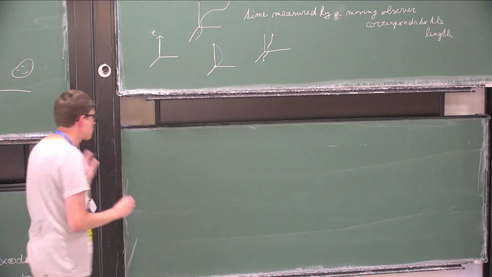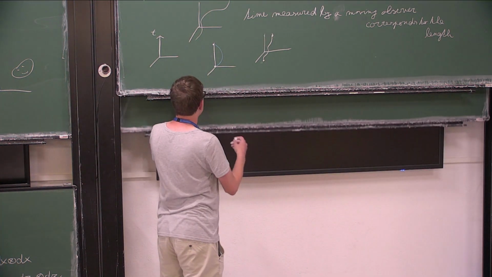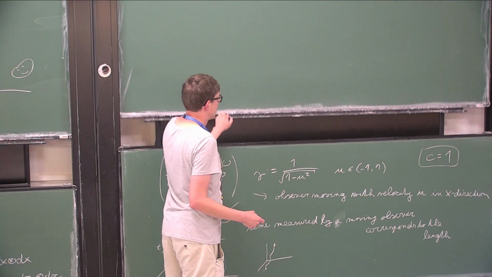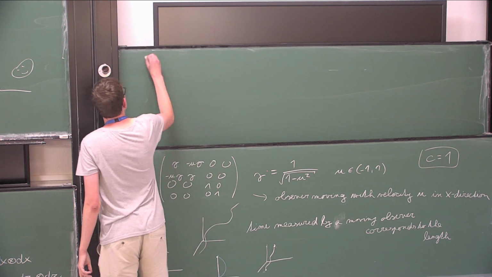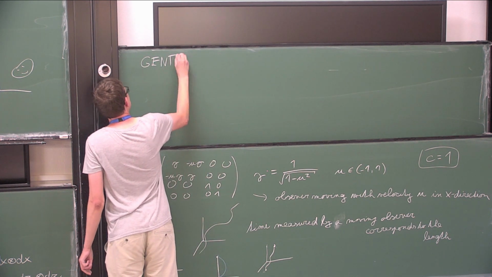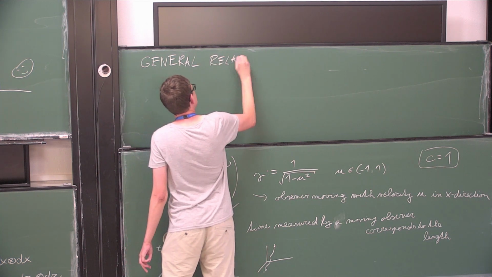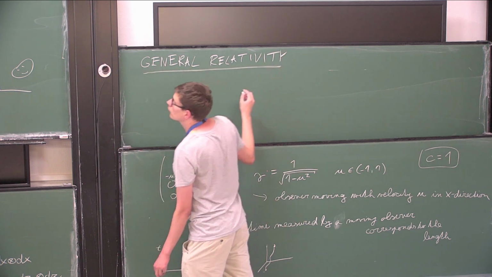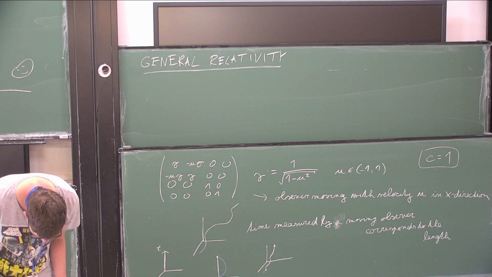Now, the corresponding dictionary with GR is much simpler, because once you accept special relativity, GR is just special relativity with Riemannian manifolds. So the dictionary here is much shorter, with only 4 terms.